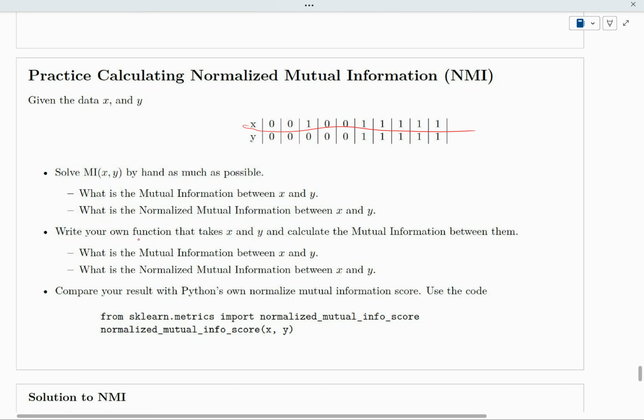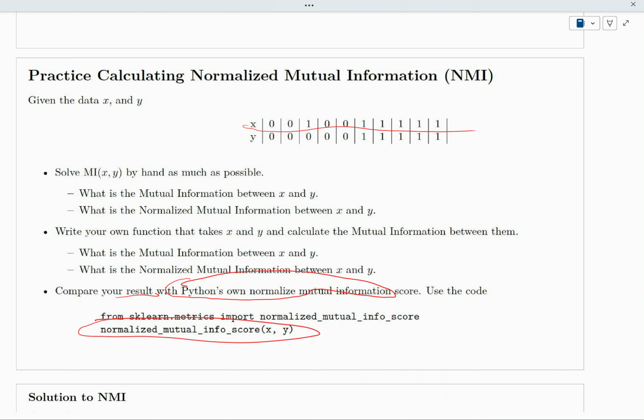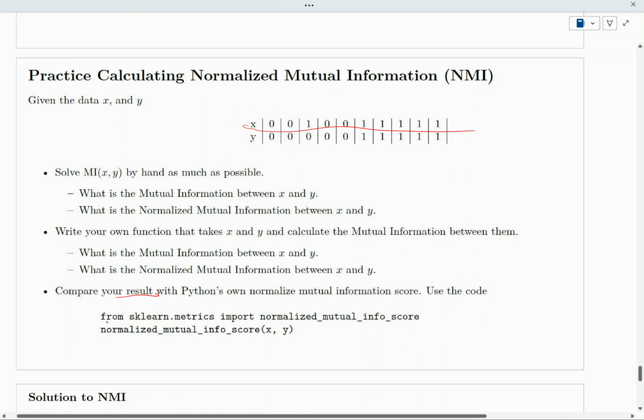After that, write your own Python function that takes X and Y and calculates the mutual information and normalized mutual information between them. And finally, you can compare your result with Python's. Python also has a normalized version, so in the future, when you just want to measure the dependency between two variables, you can just run this in Python.